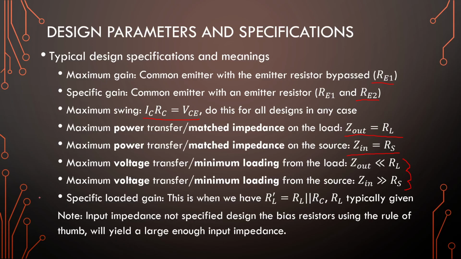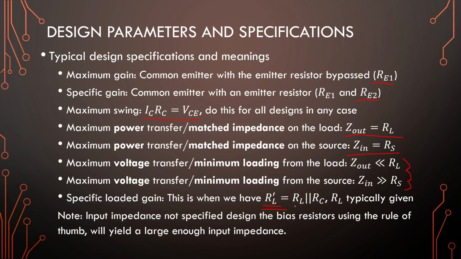Okay, we're not going to do an example on this, but I have it included in one of the designs for today. And that is when you need to design for a specific loaded gain, and you will encounter this a lot, that you have R load prime. So typically some load is given and some total load is given. So that's just R load in parallel with RC in a design.